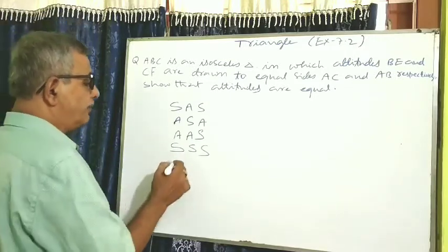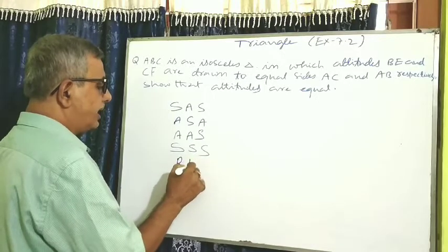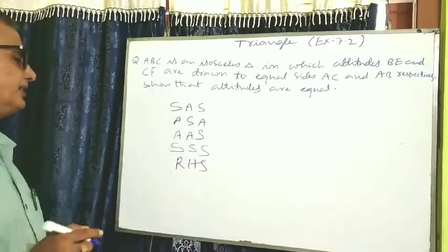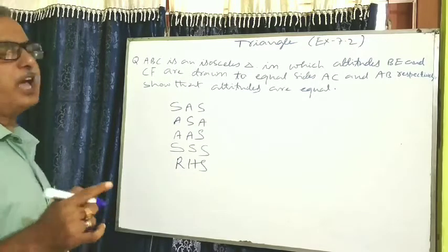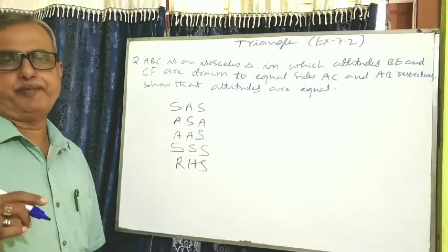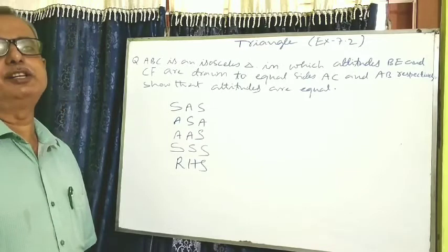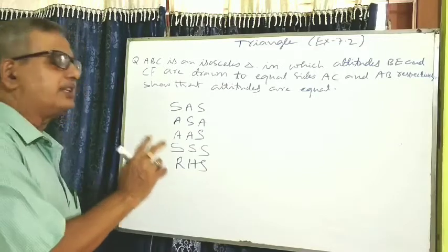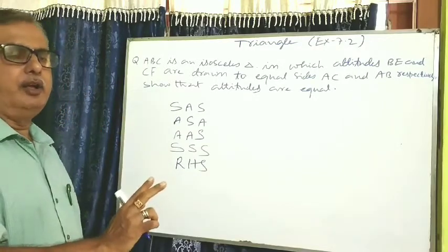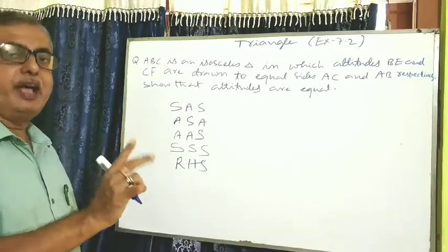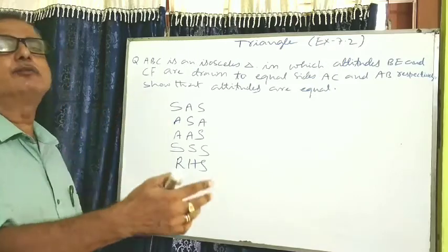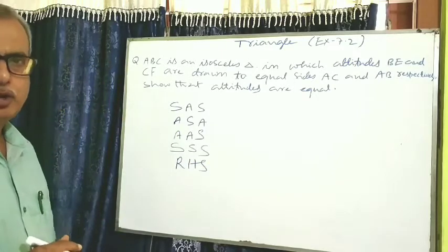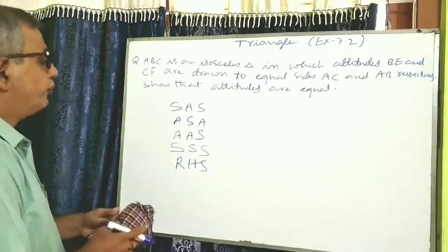One more I am telling you, RHS. What do you mean by this? R means right angle, H means hypotenuse, S means side. In two right angle triangles, if the hypotenuse and any one side are equal to the hypotenuse and one side of the other right angle triangle, then also both triangles will be congruent. I think you understood.